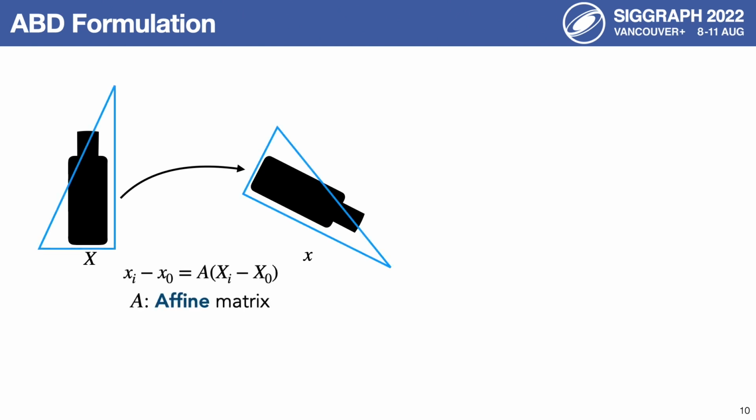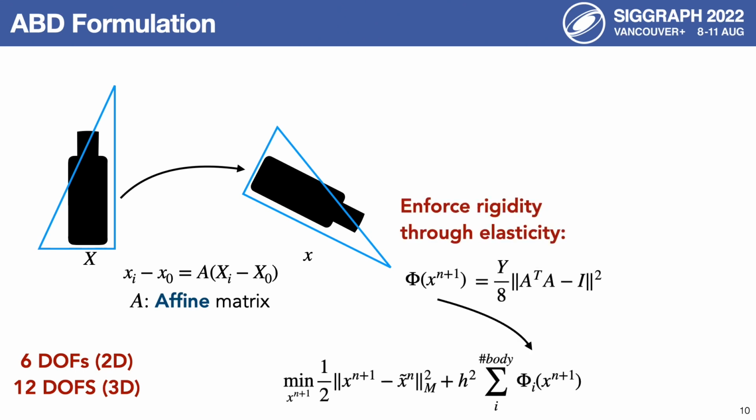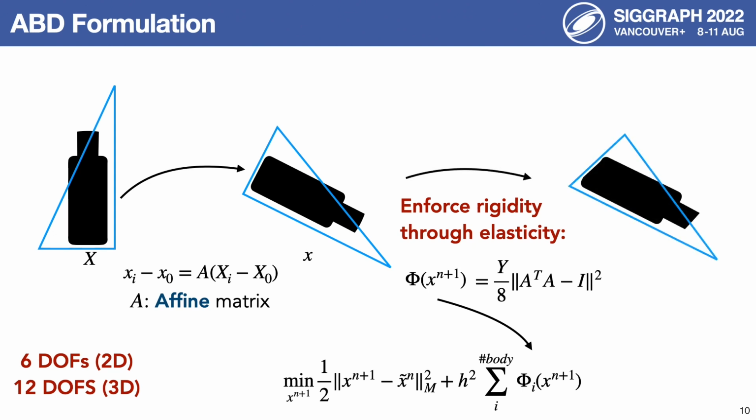Here, the bottle will move along the affine transformation of the triangle frame. This gives 6 degrees of freedom in total per body in 2D and 12 degrees of freedom in 3D. Rigidity is enforced through elasticity by adding a single elasticity potential per body with high stiffness to account for the deformation of the linear affine space.